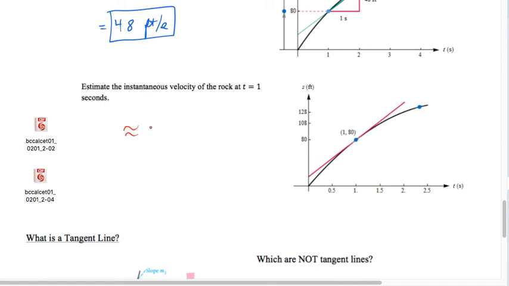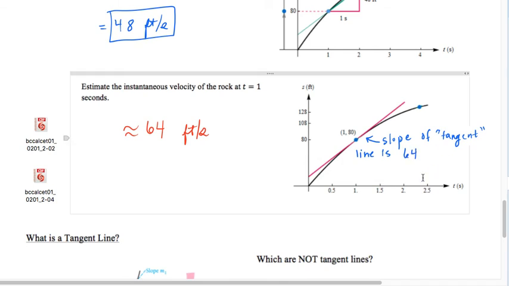Okay, so we've learned graphically that the instantaneous velocity at 1 second is 64 feet per second, and that still corresponds to slope. Okay, the slope of that line right there, it's not a secant line, but the slope of that tangent line is 64.